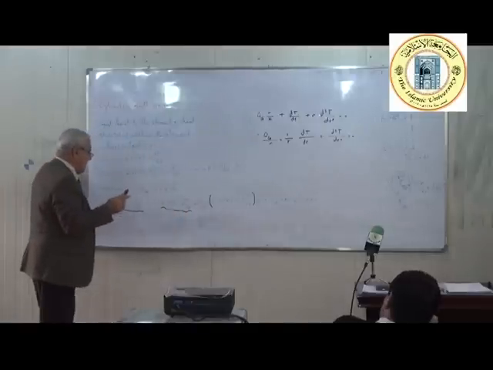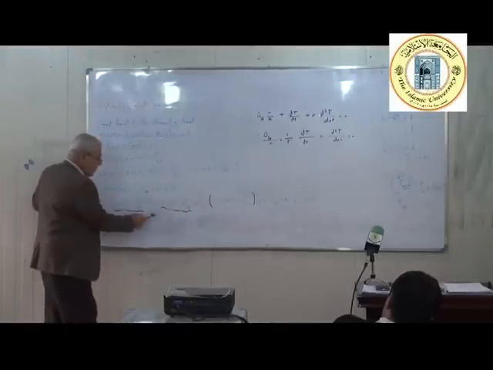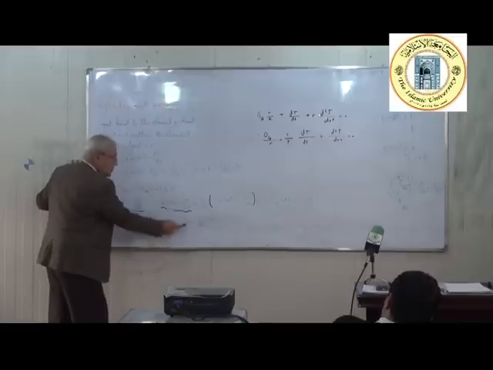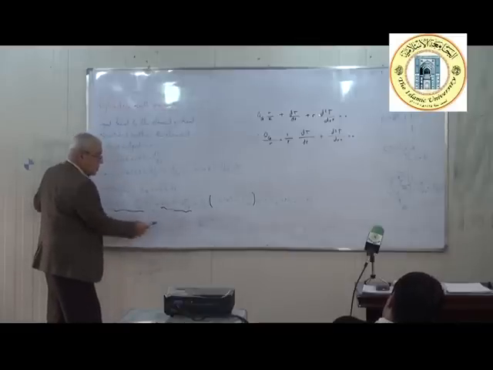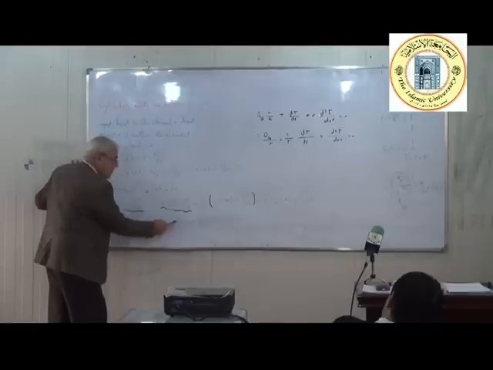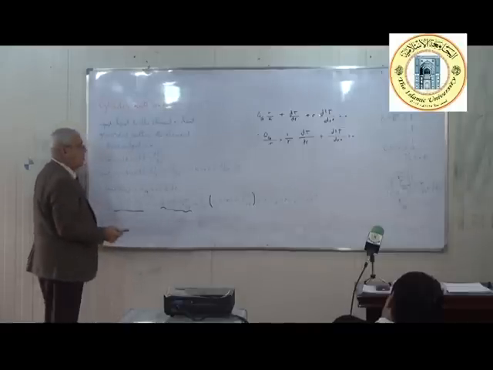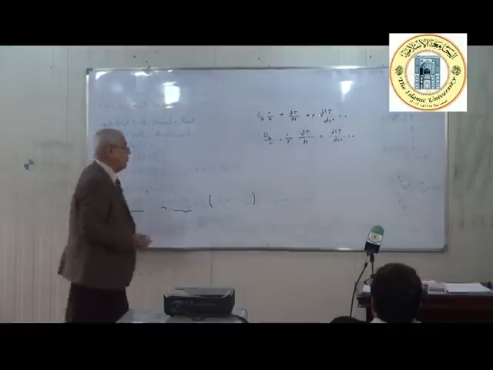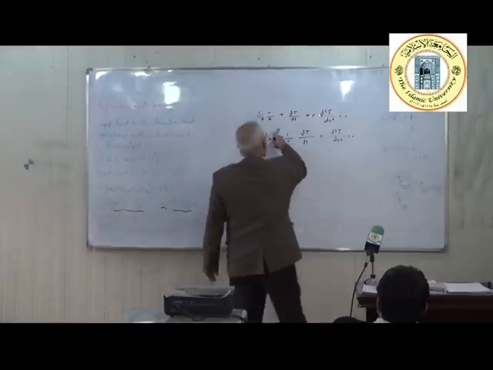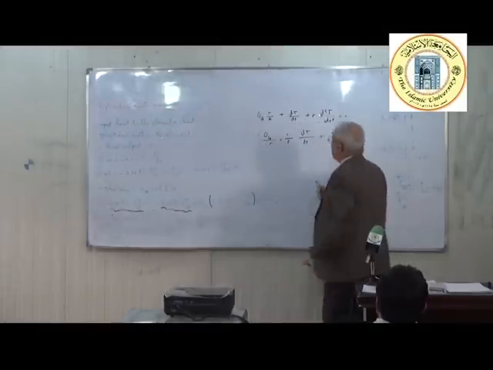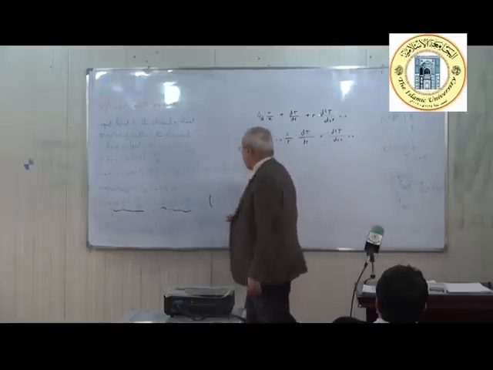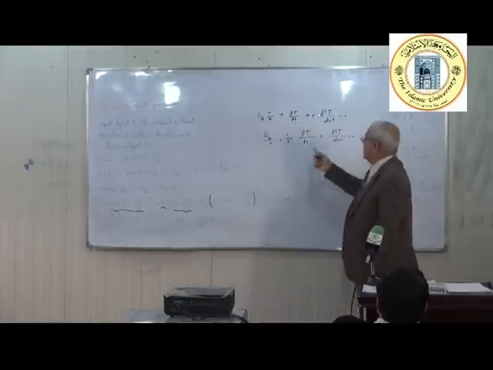Now, what he did here, he said d divided by dr of this equation, I should do the second derivative of this equation. If you do the second derivative of this equation, of course, you get this one here. Then he divided both equations by r and got this final equation.